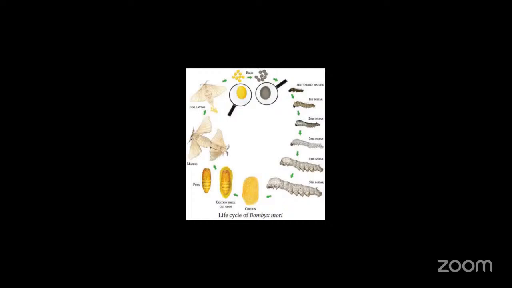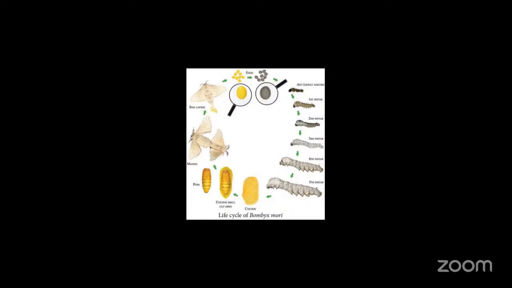After 24 hours, the egg will emerge, and after a few days and weeks, the silkworm larva, after one stage, undergoes pupation.